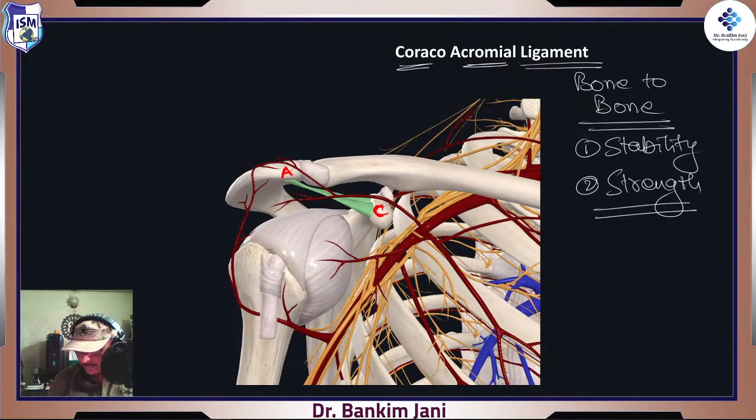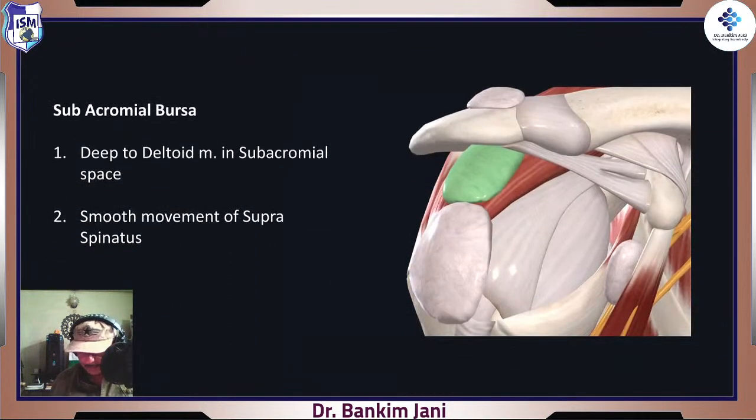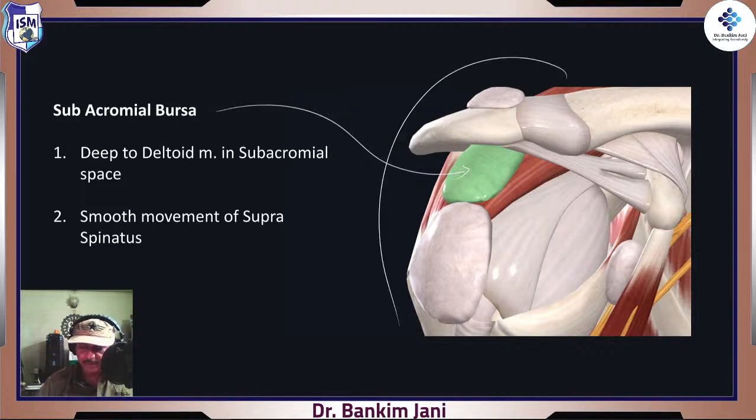And when we see the subacromial bursa, where is it? Okay, here it is. See, here it is the subacromial bursa. So this is deep to the deltoid muscle in the subacromial space. Yeah, it has to be because the deltoid is like that.